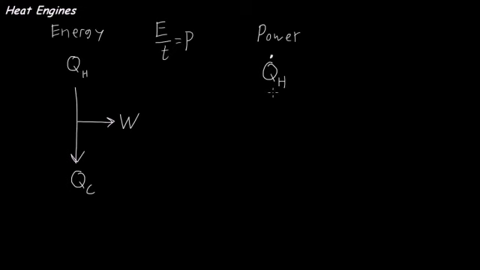And the diagram has a similar shape. Some of the power gets lost to the cold sink, Q dot C. And some of the power is output as useful work. That's P.